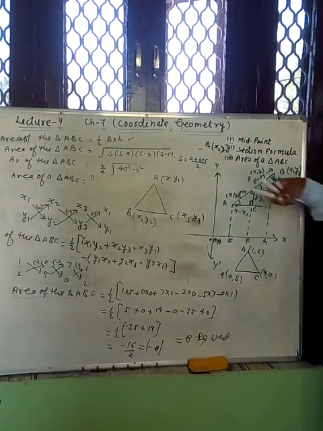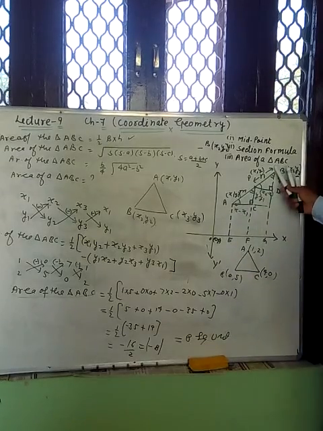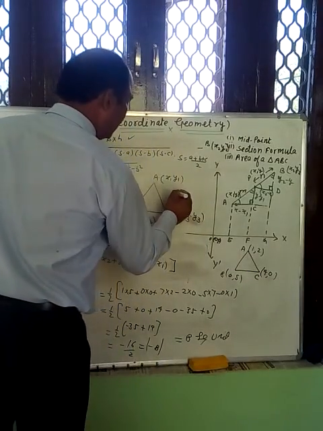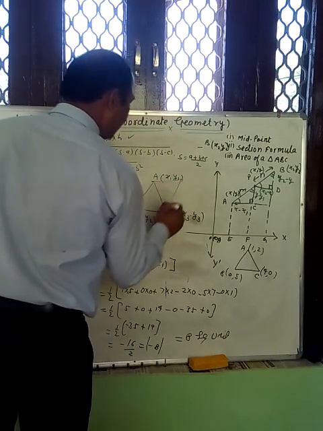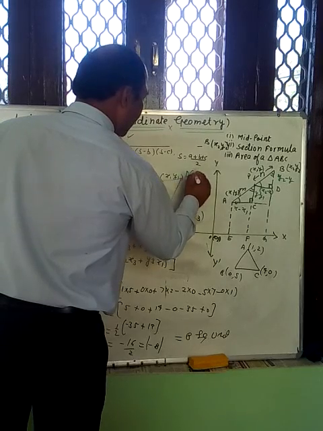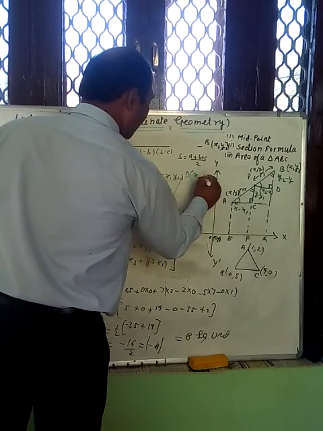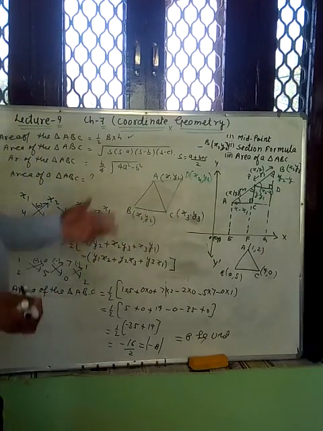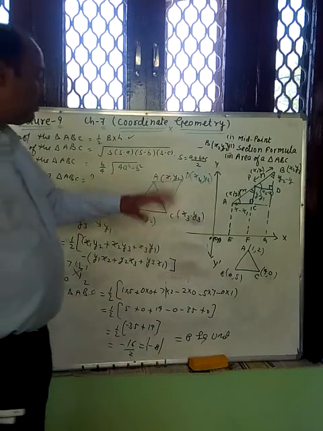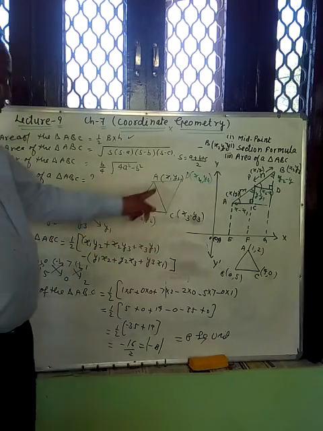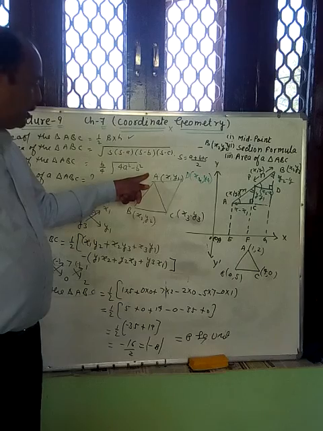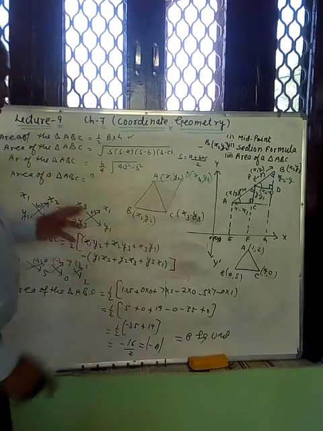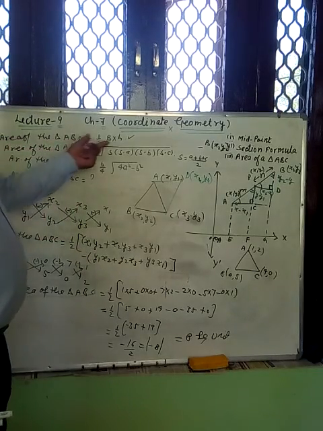If there is a quadrilateral, with point D at X4 and Y4, then we find the area of the quadrilateral in the same manner: the area of one triangle plus the area of the other triangle, joined together.